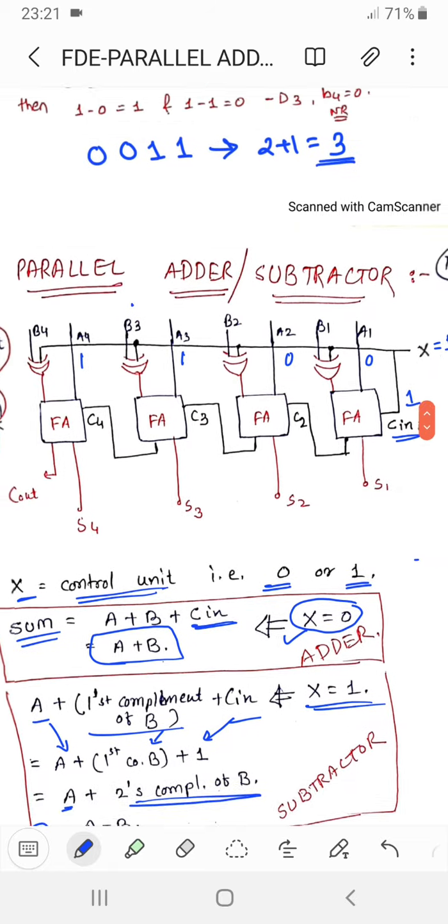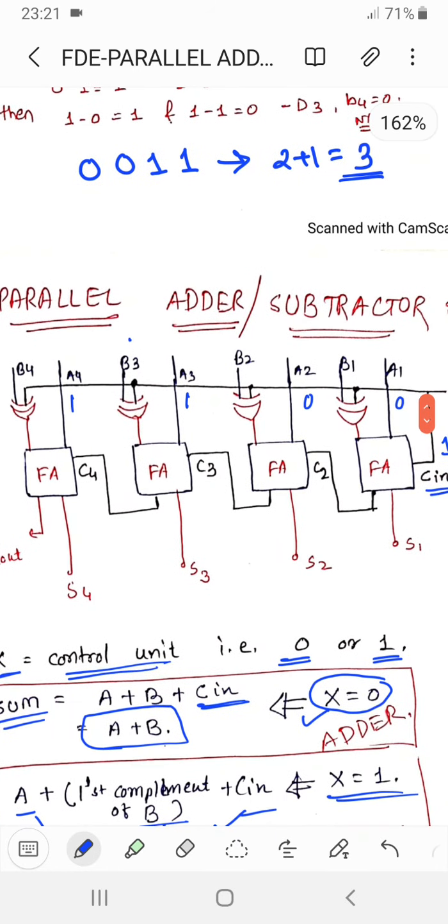I am putting it here as our main input, 1 0 0 0.